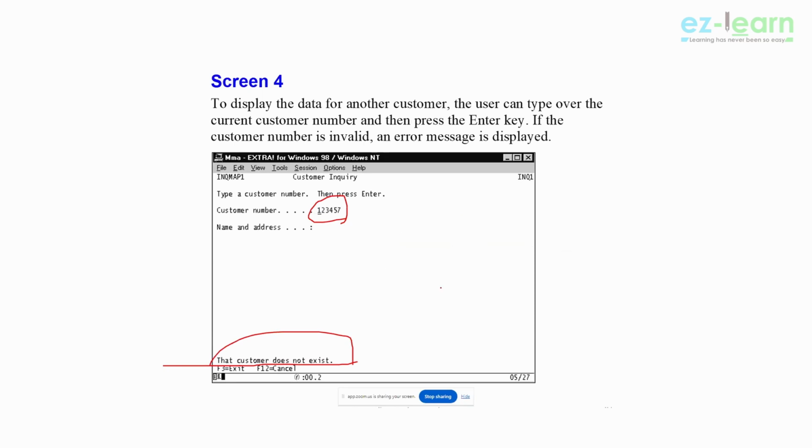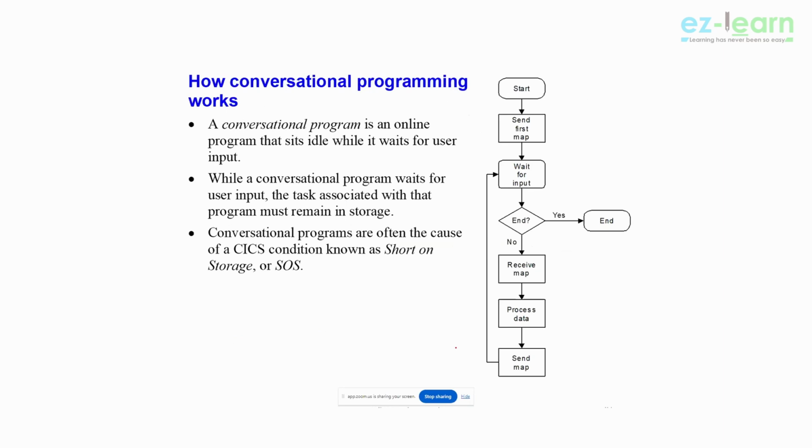So whenever you design a screen, you design it properly up to standards. And whenever you are writing a program processing data from a screen, you have to look for all the combinations. For all the combinations, you have to give a message, either a success message or an error message. So this is what is done in a conversation.